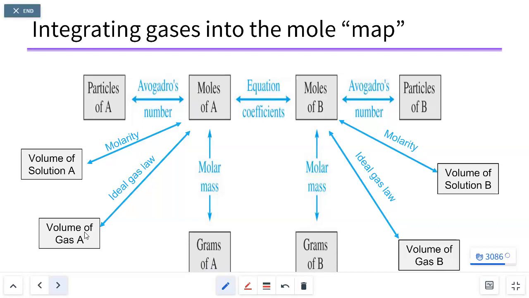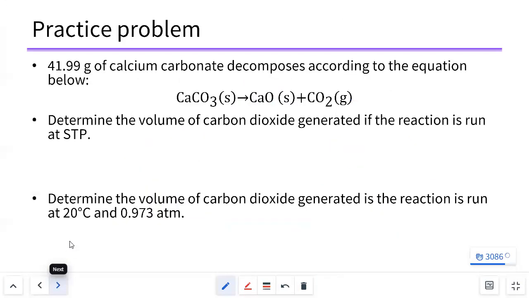Now, the best way of going about doing these kinds of manipulations, we've got to do some practice problems. So let's take a look at this one. I've got the decomposition of calcium carbonate here. Calcium carbonate in the solid phase decomposes into calcium oxide in the solid phase and carbon dioxide in the gas phase.